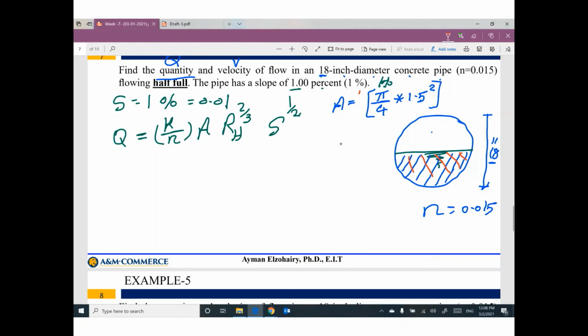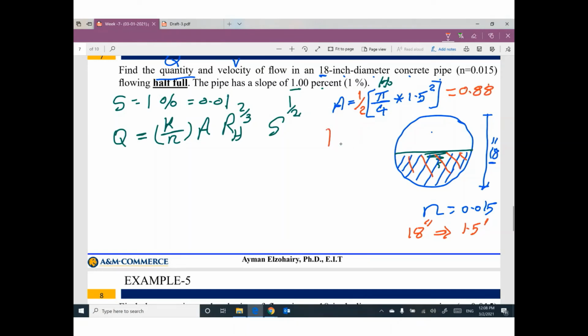So I will multiply it by 1/2. Guys, remember 18-inch equal 1.5 feet. Okay, so the area of this flow will be pi divide 4 times 1.5 square times 0.5 equal 0.88.